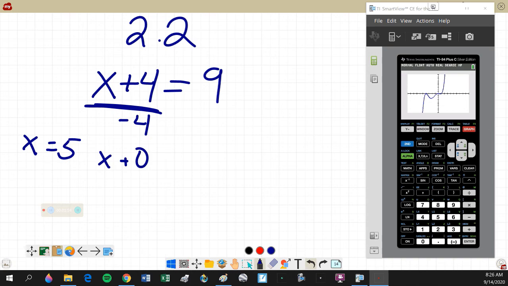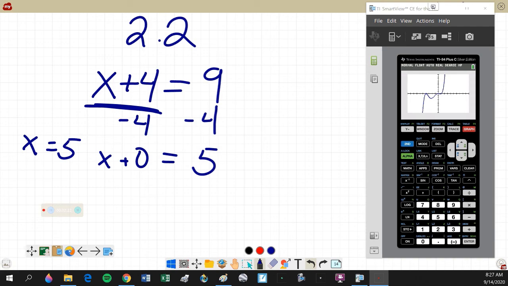But if I have a balance, all equations are balances. If I take 4 pounds off of this side, what's going to happen to my balance? Now I'm like this. Am I allowed to take 4 pounds off of one side? I can do that as long as I do the same thing to the other side. So now I subtract 4 over here.